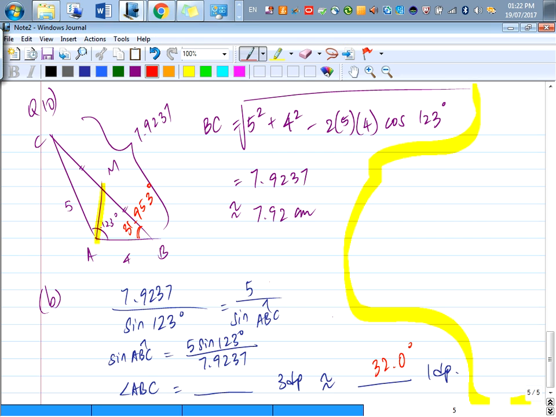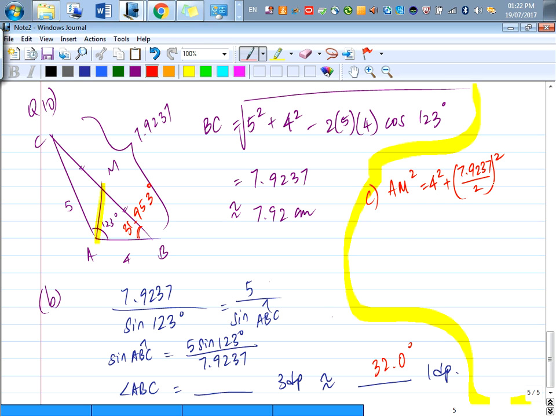Okay? So cosine rule, AM, part C, AM square equals to 4 square plus, how much is BM? It is half of 7.9237. 7.9237 divided by 2 square.